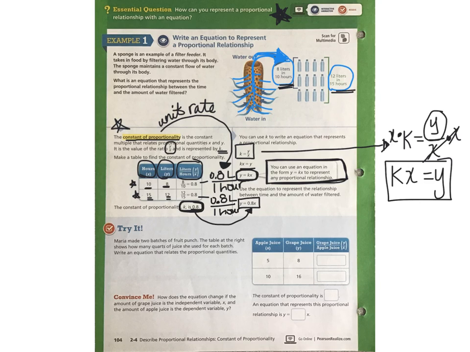And that relates the y number, which is the liters filtered, and that is equal to that 8/10 times the number of hours that the sponge is filtering the water through its body. So the y number is the liters.